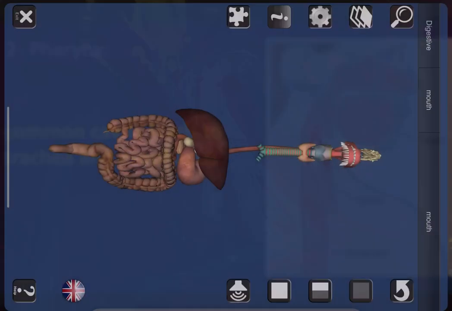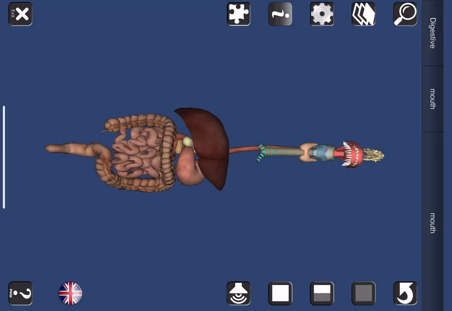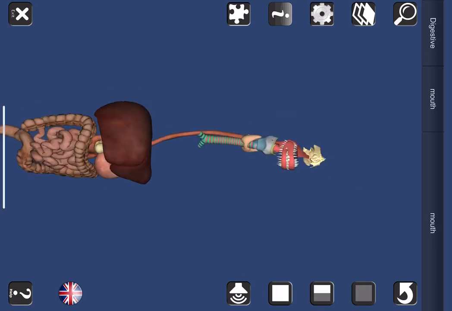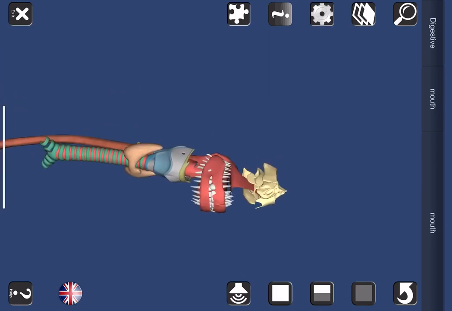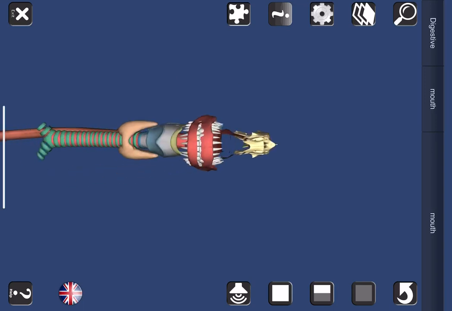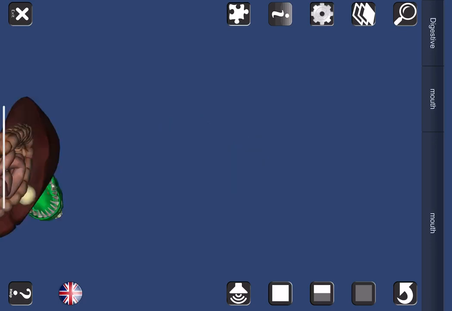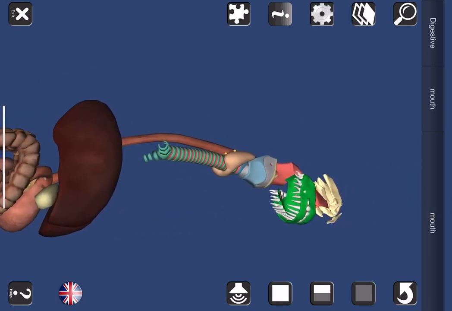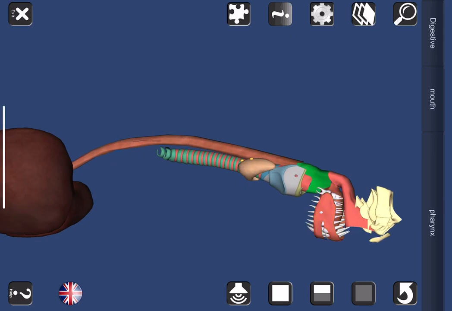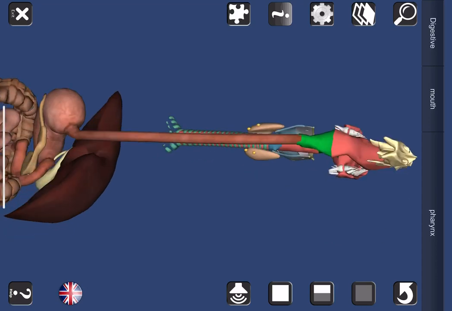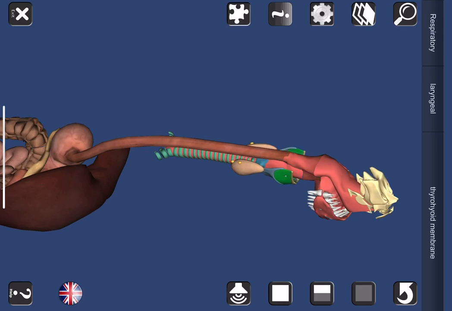Let's look at this diagram to understand better. This is the mouth of us. Mouth. Okay? And this part is called the pharynx.